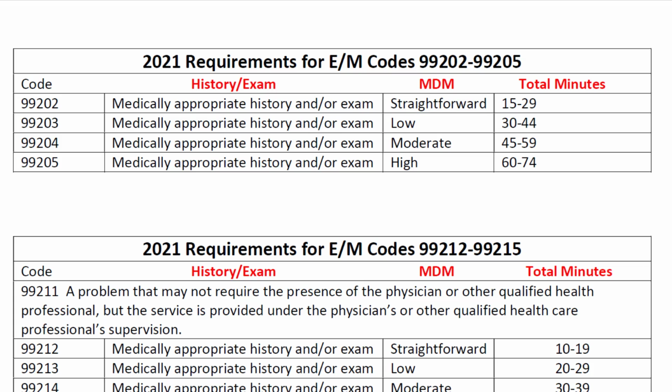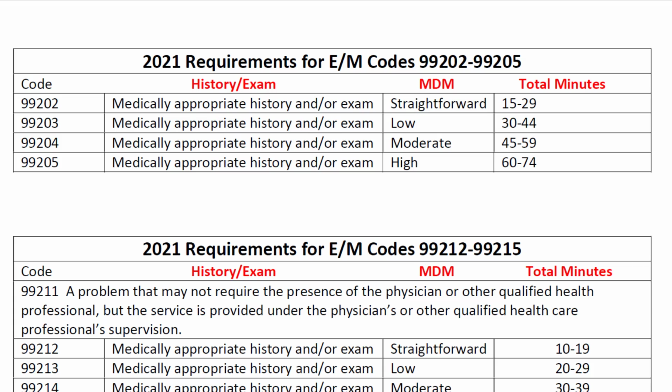That's gone completely. That leaves us, for a new patient, which is defined as a patient you've either never seen before or it's been more than 3 years since you last saw them, that is a new patient. An established patient is one that you have seen within the last 3 years. For the new patient, the codes are 99202 through 99205.